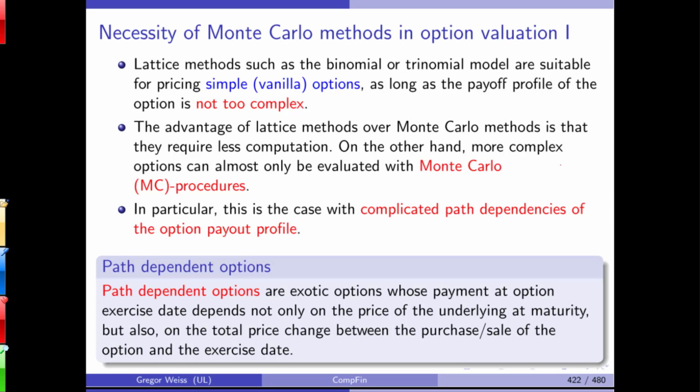For this path, you can easily calculate the option price or the option payout, and then you calculate 100,000 potential outcomes, you discount them, and you're done. And this is definitely not needed for plain vanilla calls and plain vanilla options. Why? For plain vanilla options, you have Black-Scholes. You don't need it.